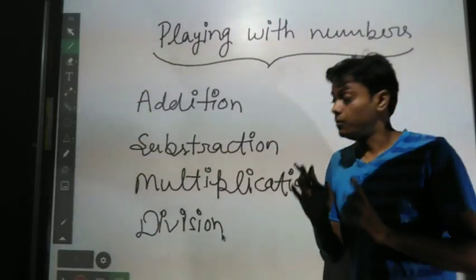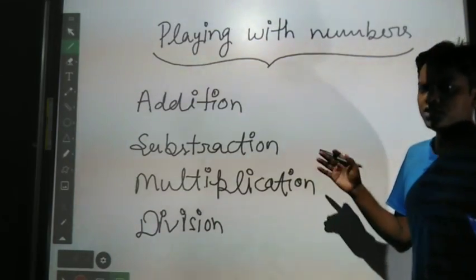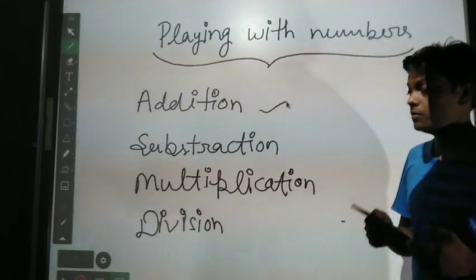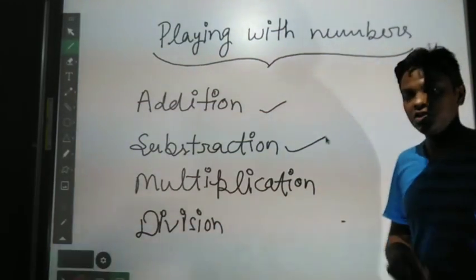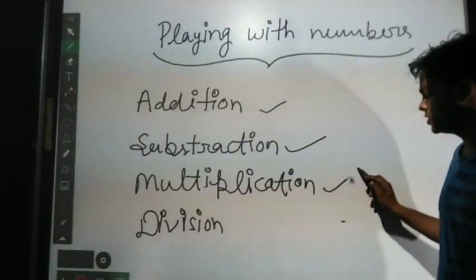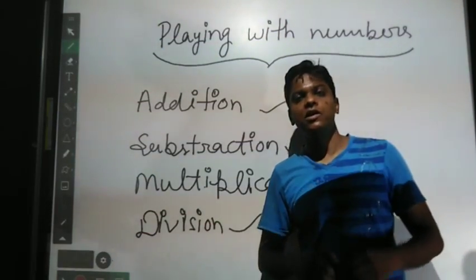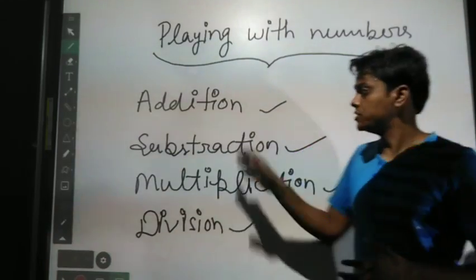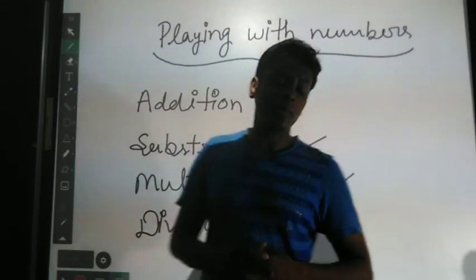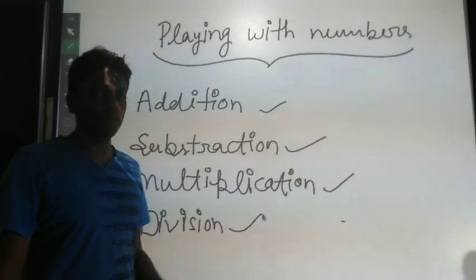These are the basic four functions which we always use in mathematics. Addition means sum of more than two numbers. Subtraction, difference of more than two numbers. Multiplication, more than two. And division. As you have already seen and practiced a lot on addition, subtraction, multiplication and division, what will happen when these all come together?